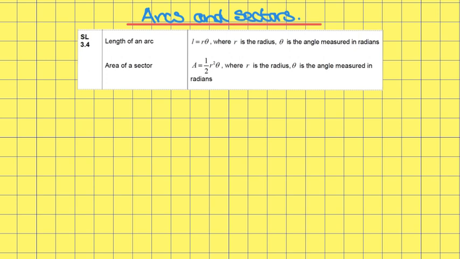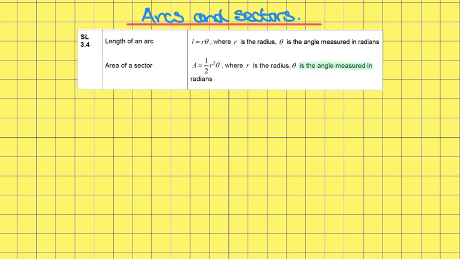So A equals a half r squared theta, where r is the radius, theta is the angle measured in radians. It is very important that you remember that the angle is measured in radians.